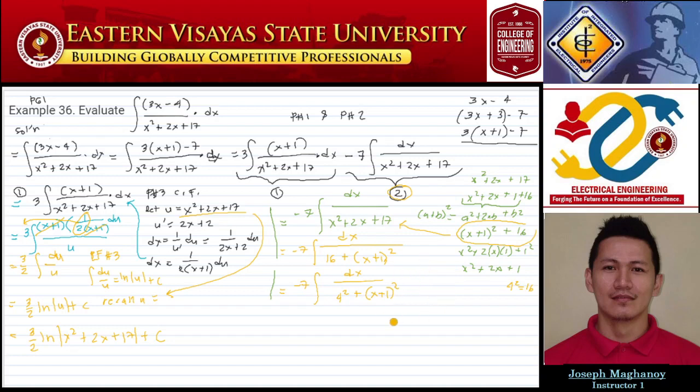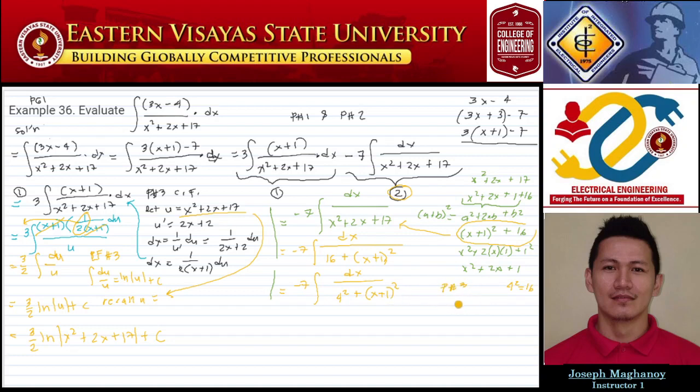So we can use our ITF formula number 17. But before that, we still have dx. So we still need to determine our correction factor, or property number 3.